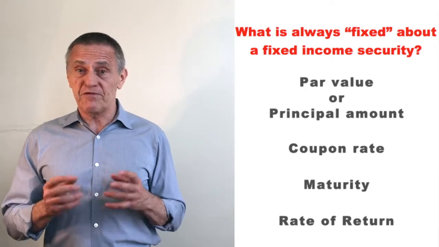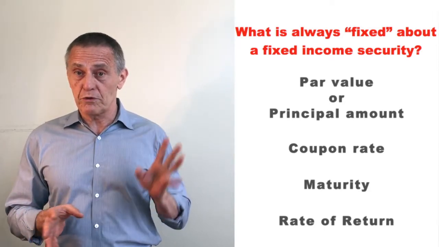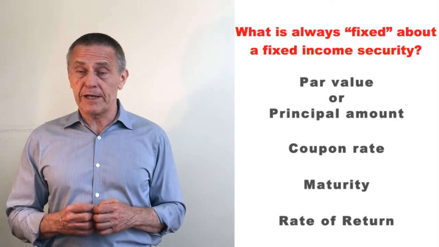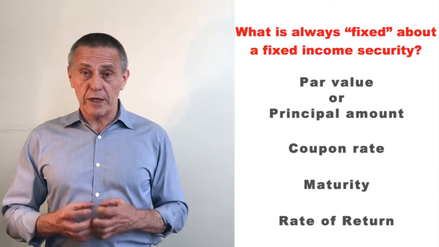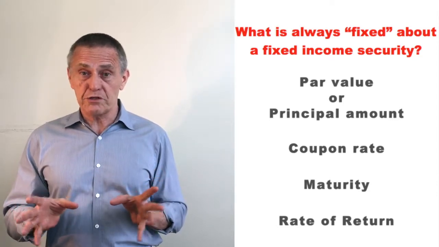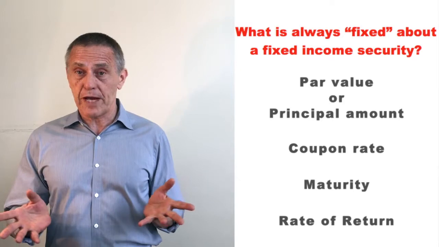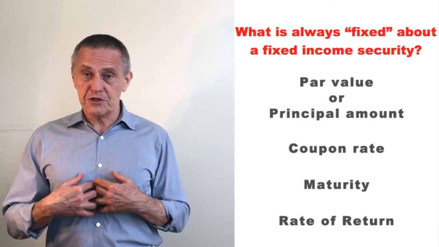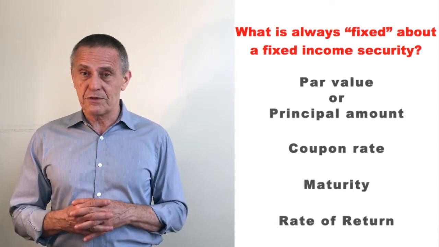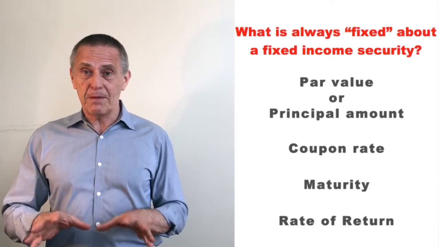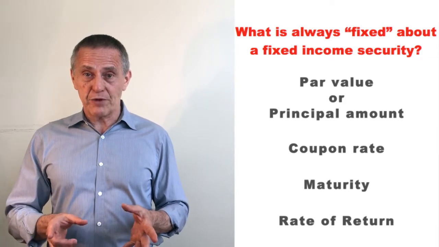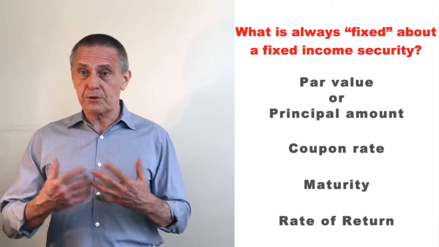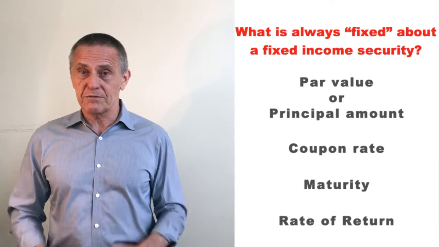That might be established via legislation by some federal or local government, or in the case of publicly offered bonds in the United States, securities regulations require that such securities be issued under a trust indenture, a contract that specifies, in very simplistic terms, the obligations of the issuer and the rights of the investors. But that's what's always fixed about a fixed income security, the contract that establishes the legal groundwork that sets the terms of the relationship between the bond issuers and the bond investors.